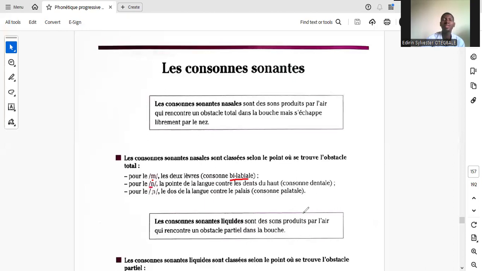N is a dental sound, like T, D. And the last N is a palatal sound, like the other palatal sounds we have looked at so far. So these are the three consonnes sonnantes nasales: M, N, N. We'll deal more with them.